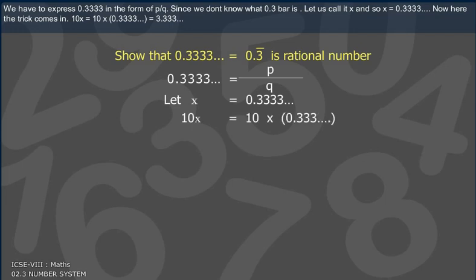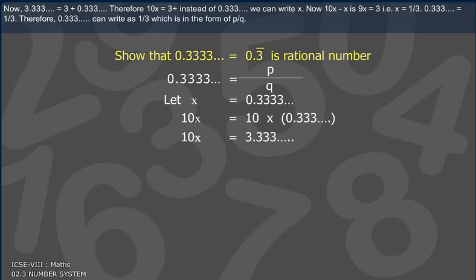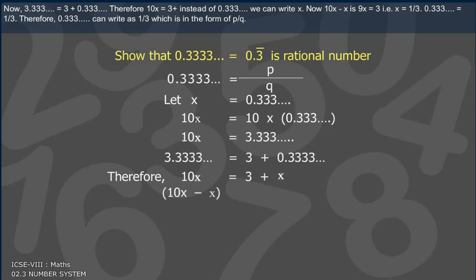10x is equal to 10 into bracket 0.3333, which is equal to 3.3333. Now, 3.3333 is equal to 3 plus 0.3333. Therefore, 10x is equal to 3 plus, instead of 0.3333, we can write x.